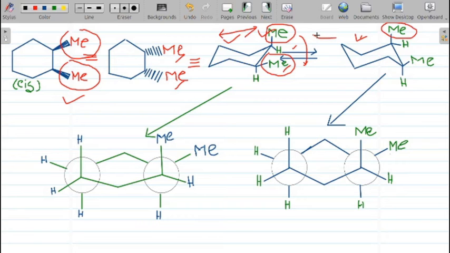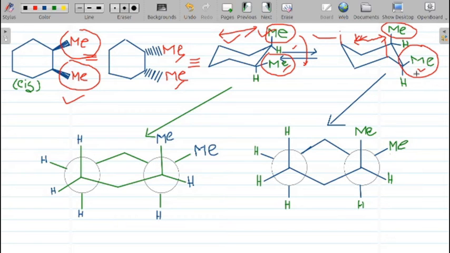In this case, there is a 1,3 diaxial interaction between this methyl group and this axial hydrogen atom and this axial hydrogen atom, but there is no clash or steric strain in this equatorial methyl group.